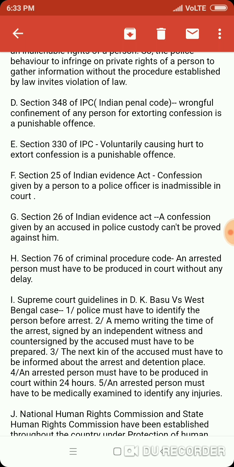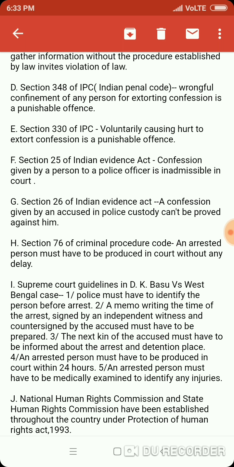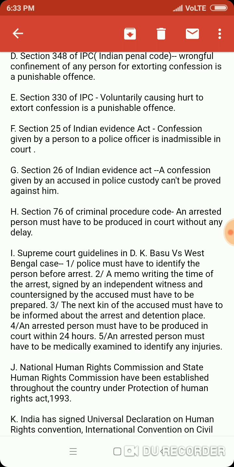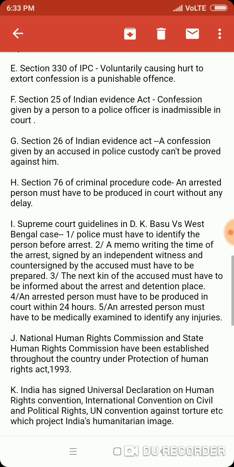Section 348 of IPC: wrongful confinement of any person for extorting confession is a punishable offense. Section 330 of IPC: voluntarily causing hurt to extort confession is a punishable offense.